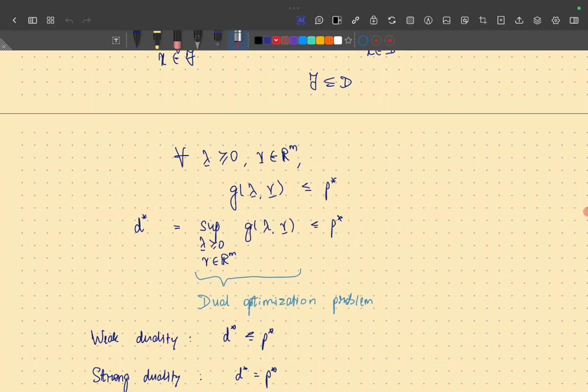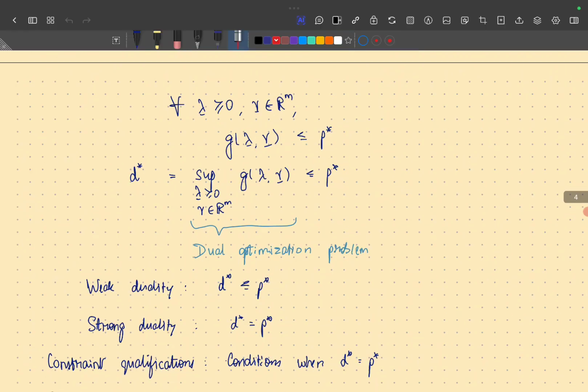If d star happens to be equal to p star, then we say that this particular optimization problem satisfies strong duality. And hopefully, if the problem satisfies strong duality, then maybe there's an easier way of actually solving the original primal optimization problem. All right, that's the perspective that we will take.